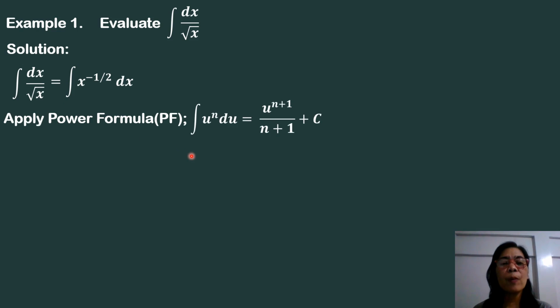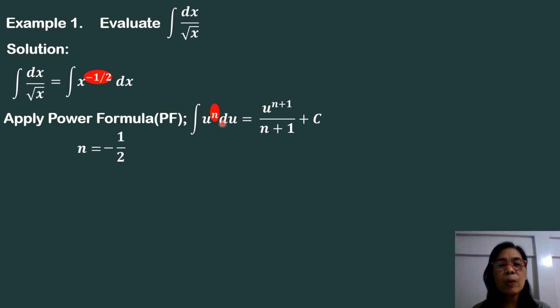Now, in applying the formula, what you're going to do is compare and evaluate the elements of the left side of the formula with the given integrand. So in the power formula, we have three elements in here: u, n, and du. What you're going to do is assign the value of u and n directly taken from the given integrand. So as we compare this integrand with the left side of the power formula, notice that n in here will have the value negative 1/2.